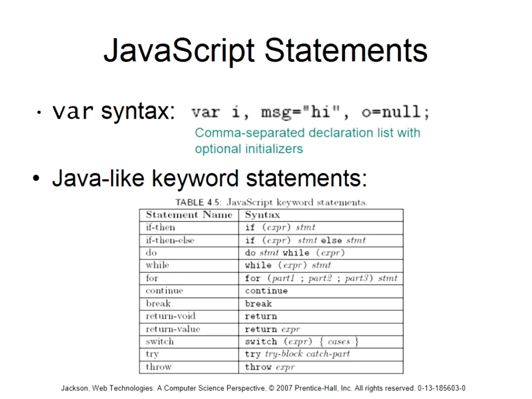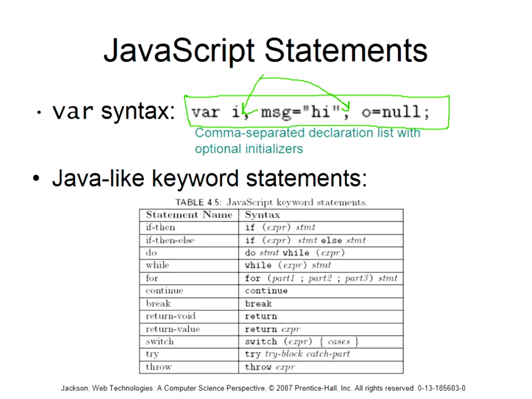So this is an example of declaration of many variables. Here I write var i, msg = "hi", o = null. If I use many variables in the same line, I will use the comma. The comma will be used to separate declarations. So this is a comma-separated declaration list with optional initializers.